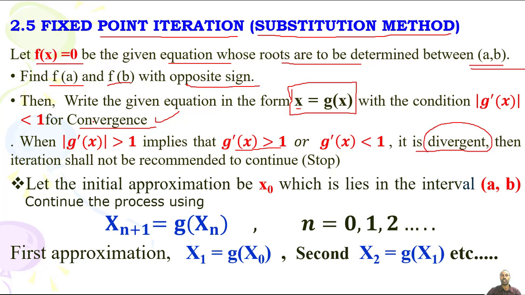So divergence and convergence should be checked for fixed point iteration, and if it is divergent, you have to stop your iteration.